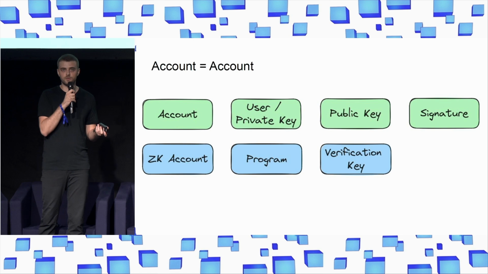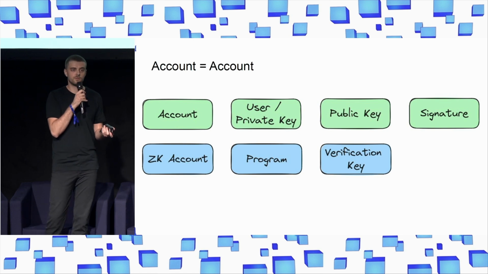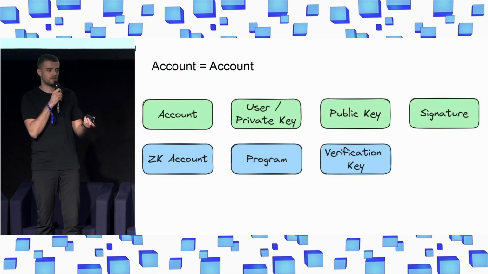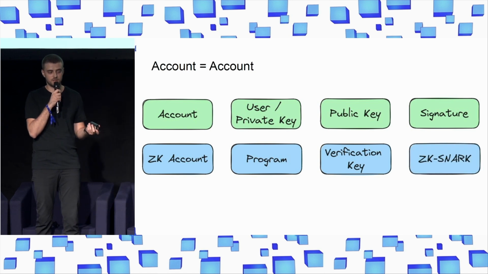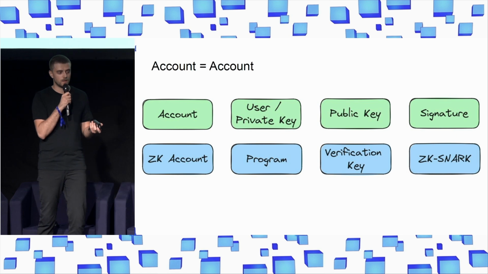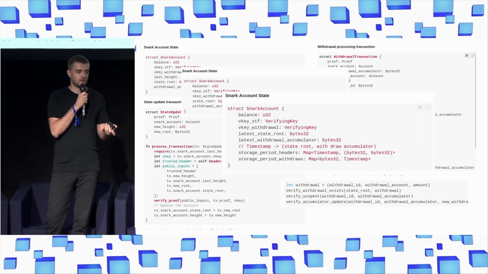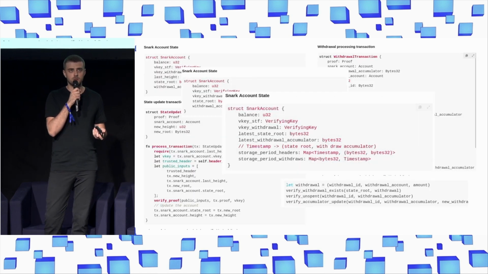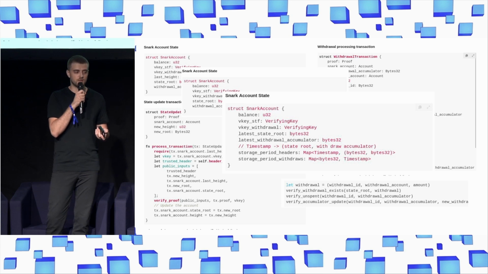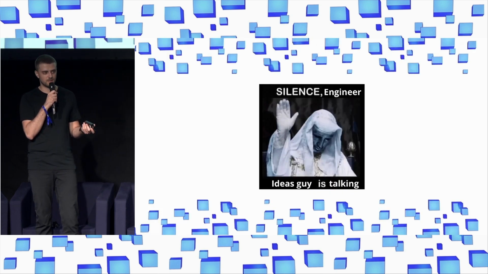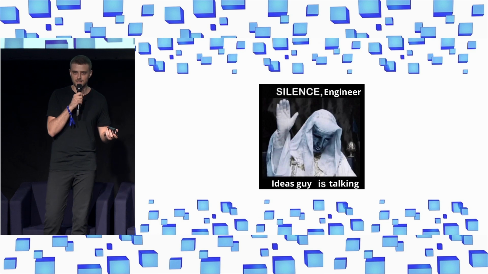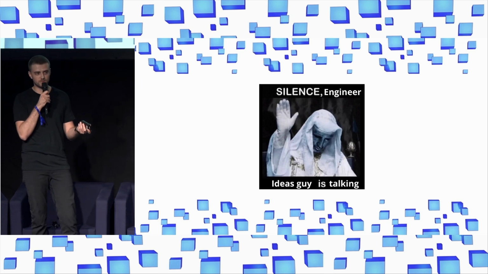If I want to prove or verify some state transition function, I would do that against the verification key, and I would do that with the ZK snark. Now we can look at the code and options and how to build that, but I am sorry, this is not the talk for this. I will instead give you all the things that you can build with ZK accounts.